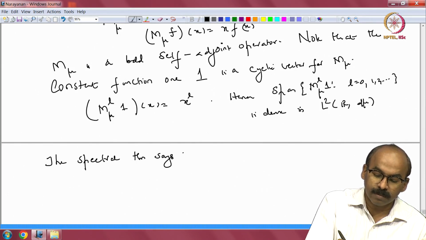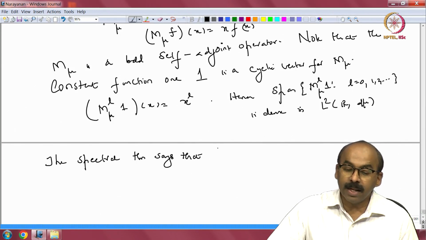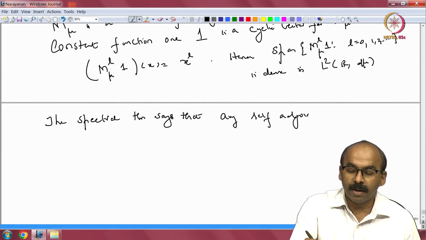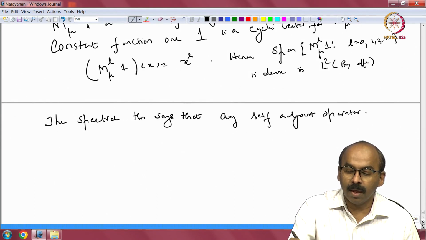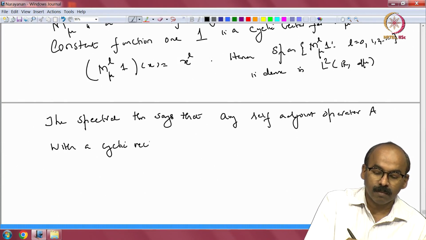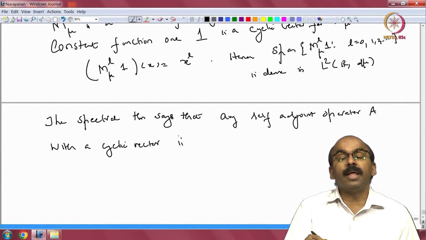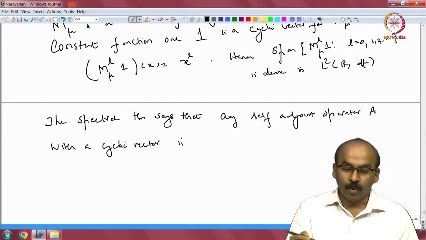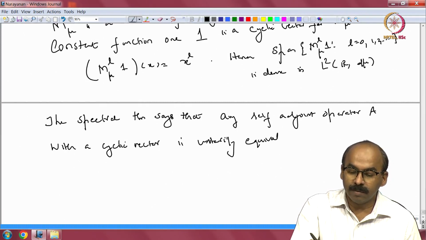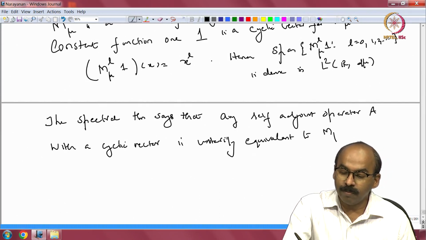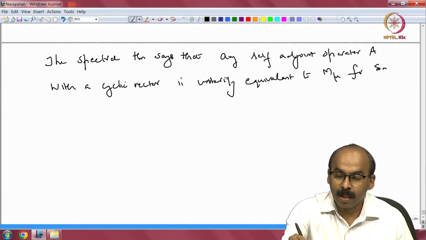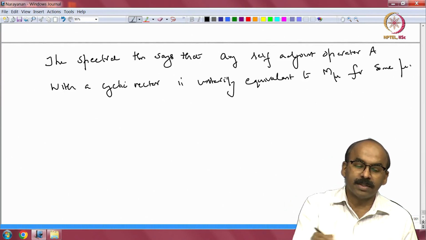says that any self adjoint operator A with a cyclic vector is unitarily equivalent to m sub mu for some mu, right, on the real line, because it is self adjoint and so on.